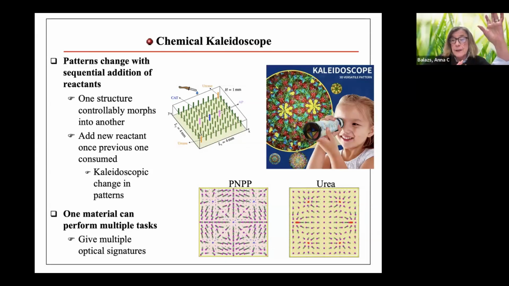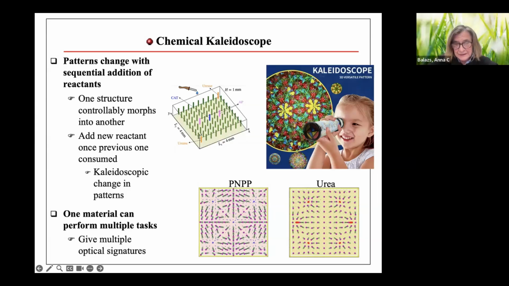That's what I claim. Then I wait till that catalyst and all that reactant is consumed. Then I add another reactant that excites another catalyst, and it forms its own unique pattern. So as a function of time, as you add them sequentially, they form a kaleidoscopic pattern. It's actually quite beautiful to watch.